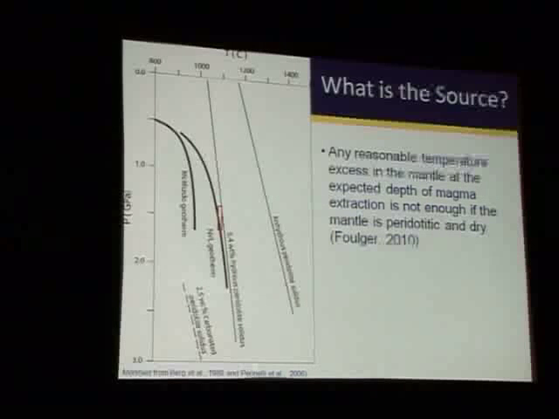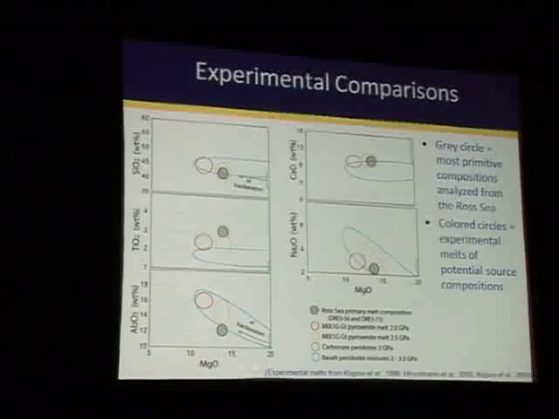It just cannot give us the volumes of melting that we need in order to create this magmatic province.